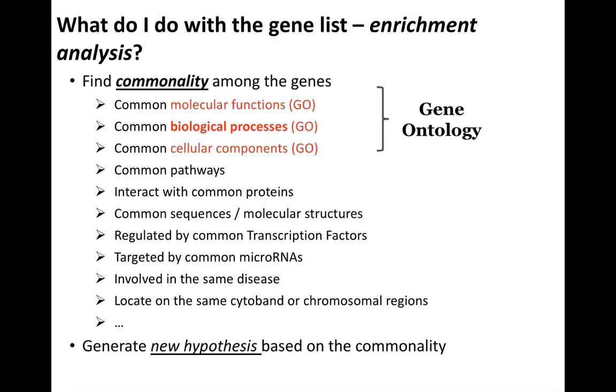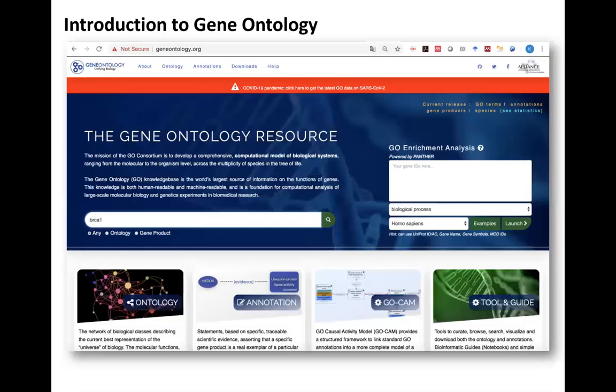Gene ontology is one set of such words, but organized in a specific way. So first we'll give an introduction of gene ontology because this is something you will most commonly see in the report from the enrichment analysis.